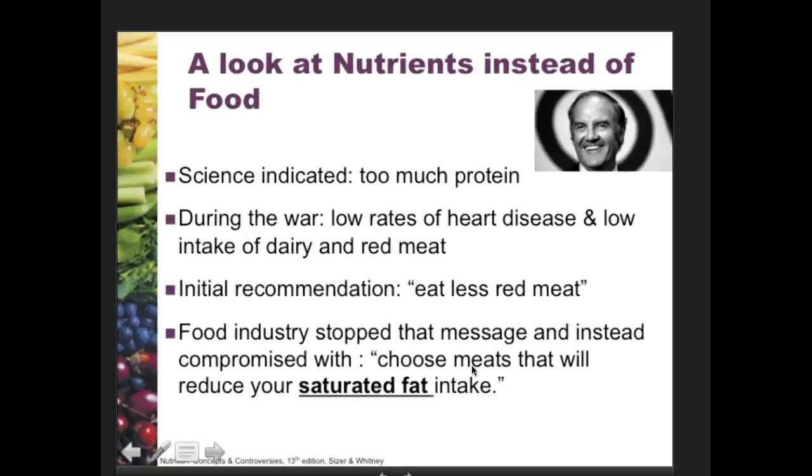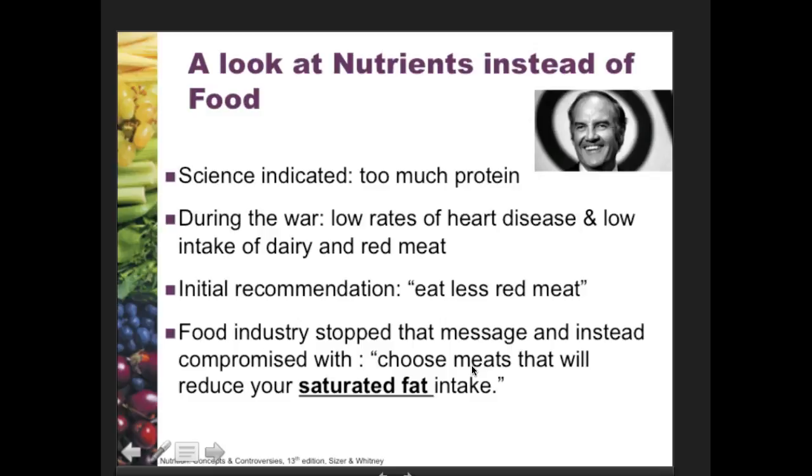And basically what they found is that we were eating a lot more protein. This protein intake, red meat in particular, and dairy, these increases in intakes seemed to correlate with heart disease. So the initial recommendation from this committee was a very easy to understand message to the public: eat less red meat.